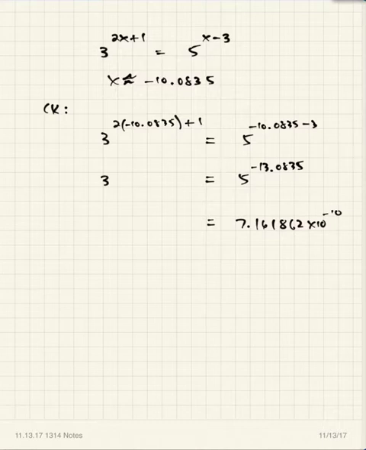So I have 2 times negative 10.0835 plus 1 on that side of the equation. So I get 3 to the negative 19.167 power, like that, which is also going to be incredibly small.